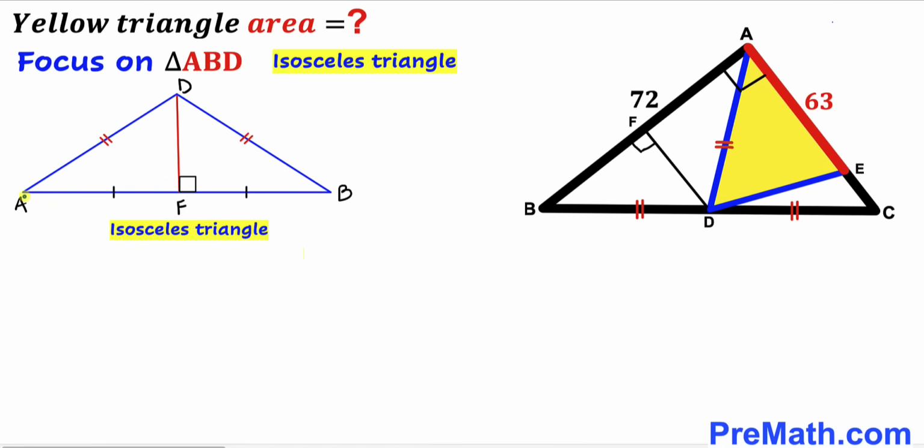Then we conclude that this segment AF has got to be equal to this segment BF. We know this whole side length AB is 72 units. So therefore this segment BF has got to be 36, and likewise this segment AF is going to be 36 as well.